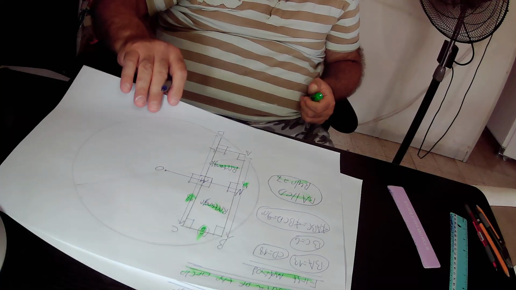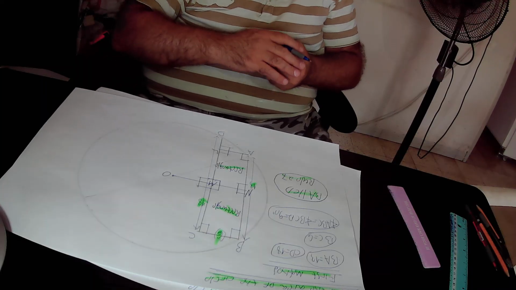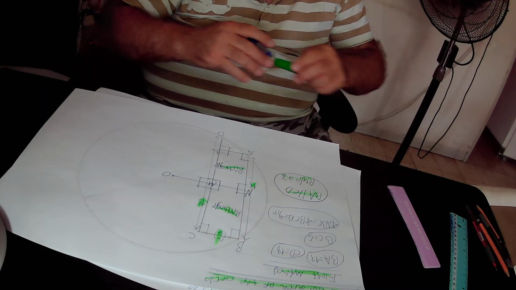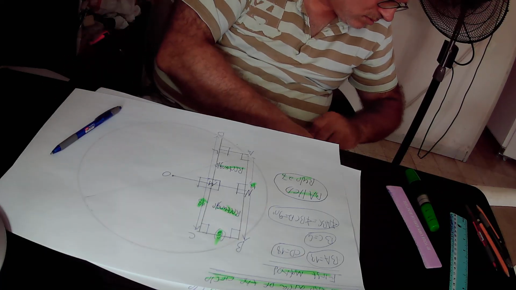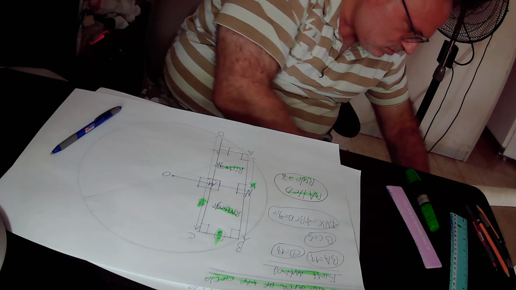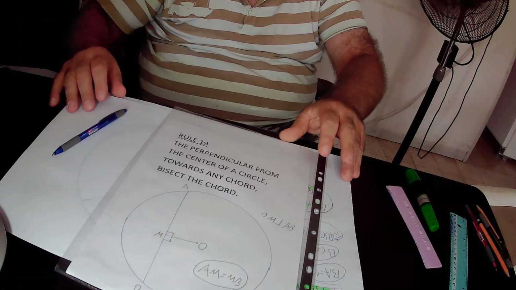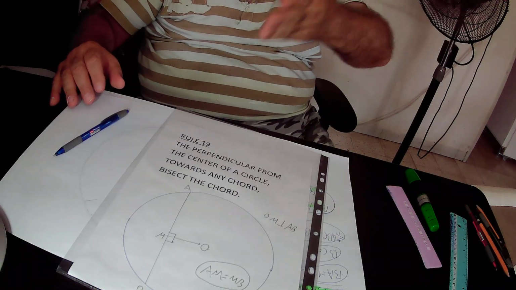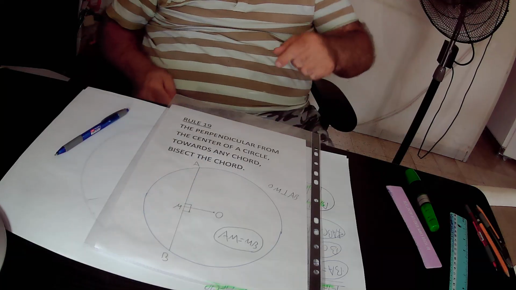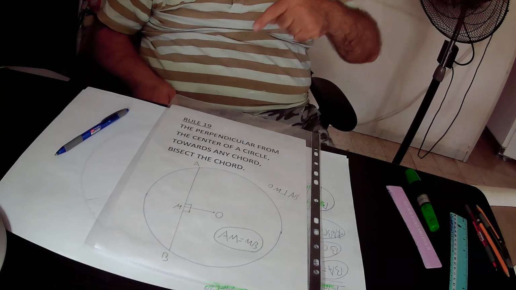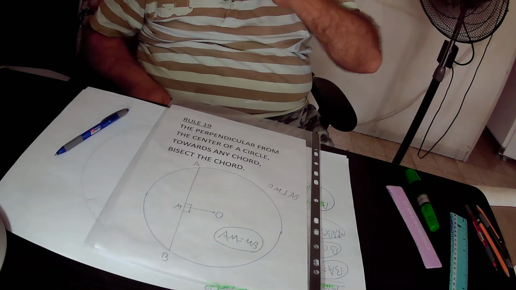So here we can implement rule 19. Let's repeat rule 19 quickly and then implement it in our drawing. According to rule 19, the perpendicular from the center of a circle towards any chord bisects the chord. In the drawing we have a circle, point O is the center of the circle, and AB is a chord in the circle.